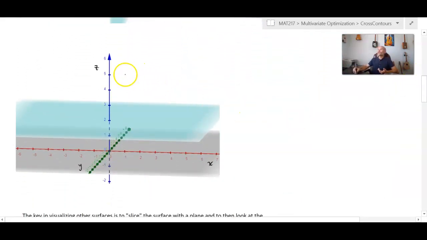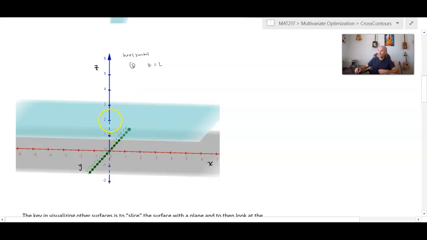Now z equals 2 is no different, except it's going to be a horizontal plane. And let's see if we can reason through this. So if our logic is similar, then all the points on this blue plane have a z value of 2. Well, let's pick on this point right here since it's the easiest one to see.